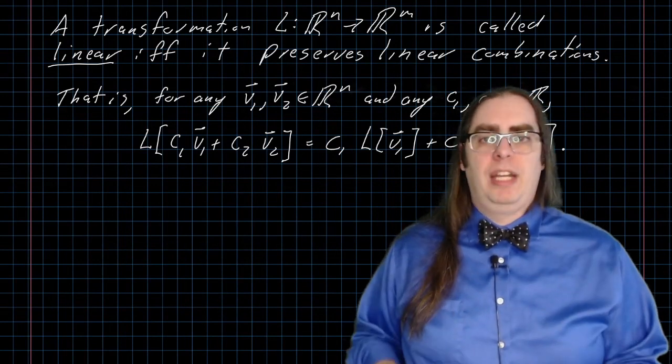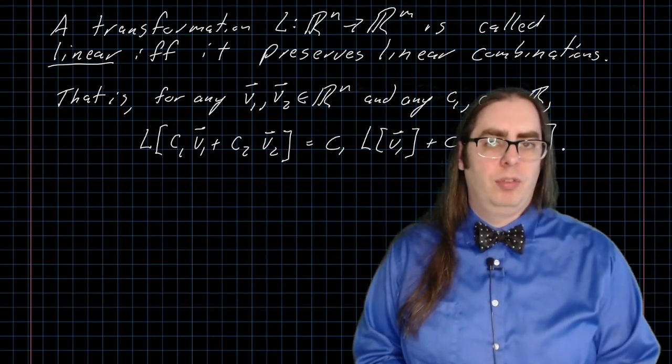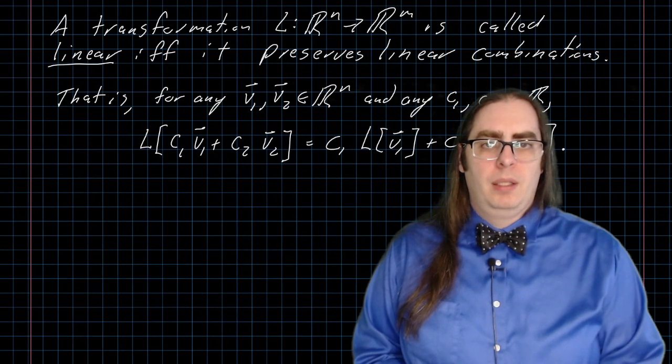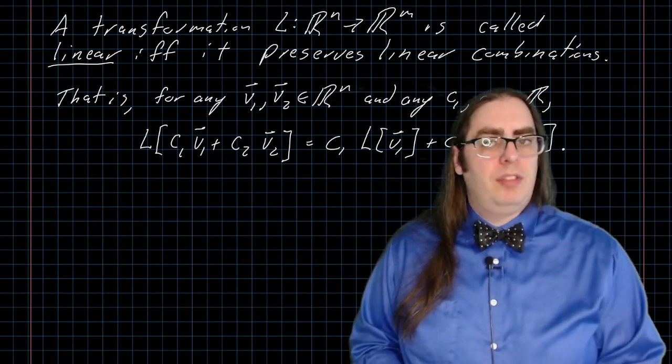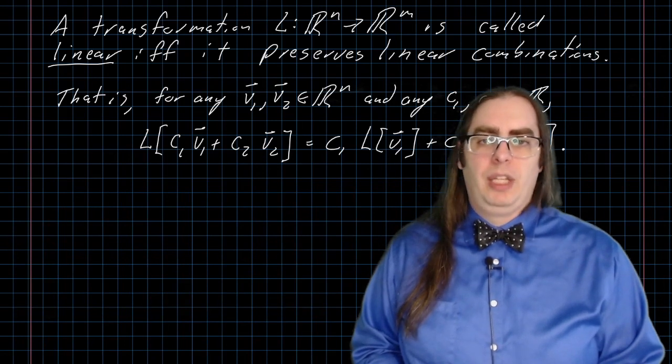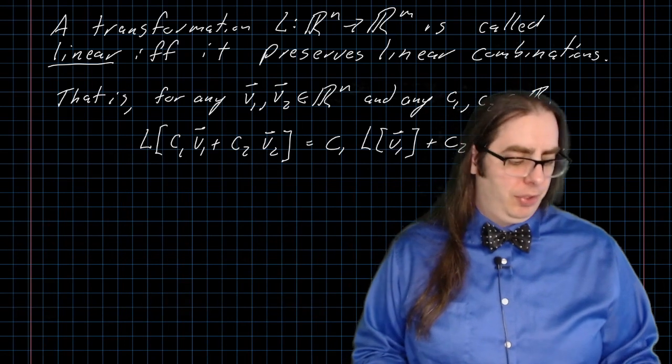But it all comes down to linear algebra is the study of linear transformations. I called this video matrix transformations, so it should make sense that the matrices that we've been dealing with are in fact linear transformations, and that's the next place I want to go.